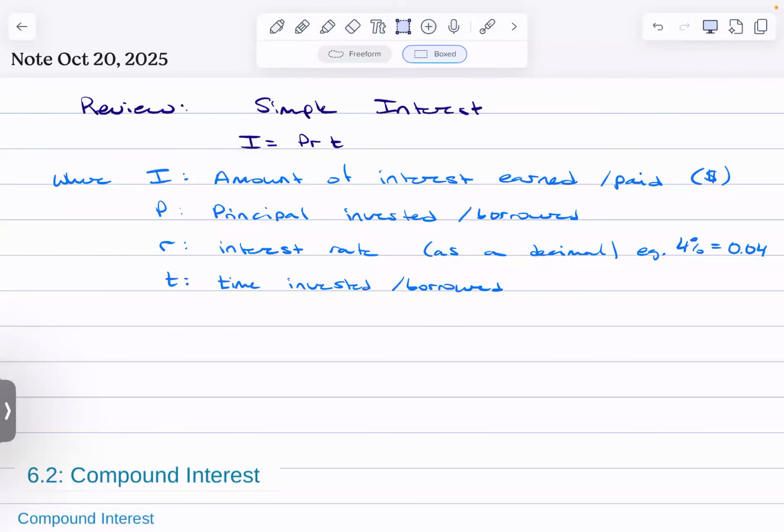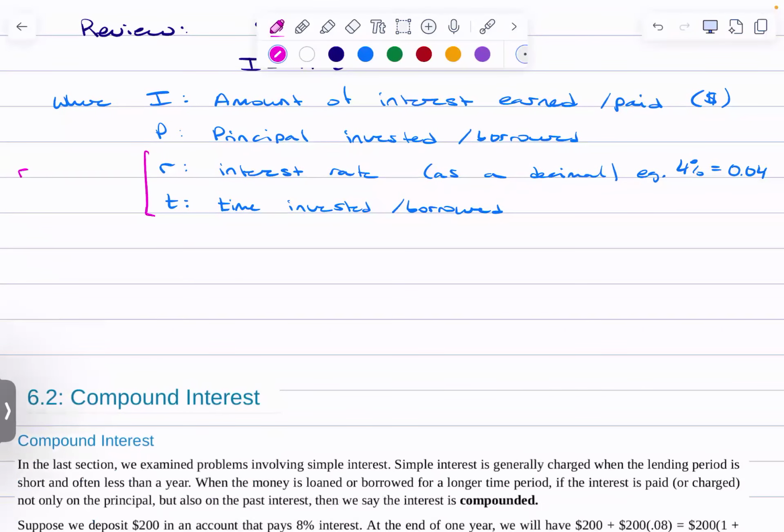We said that R and T have to match: if the rate is per month, then the time has to be in months, or if the time is in years, you can convert the rate to years, but they have to match. So rate and time must match.